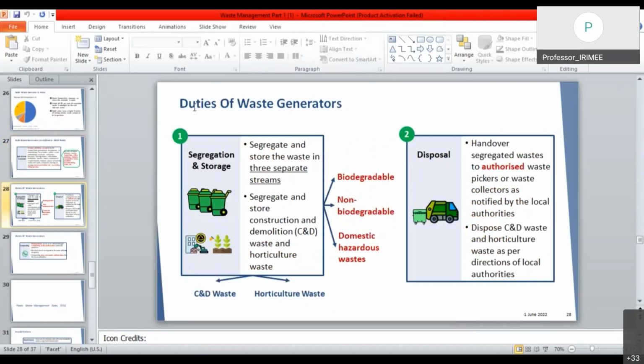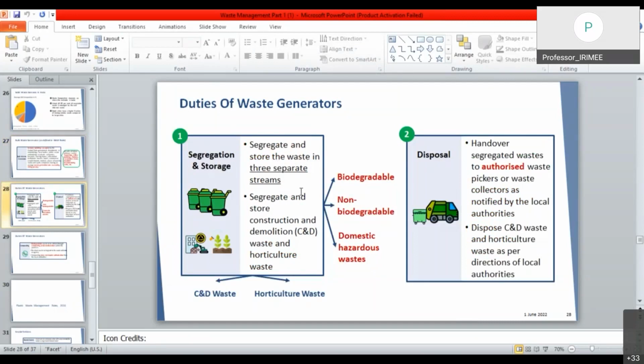As per these rules, the duties of waste generators are storage and segregation. Bulk generators have to ensure segregation and storage. Segregate and store the waste in 3 separate streams.